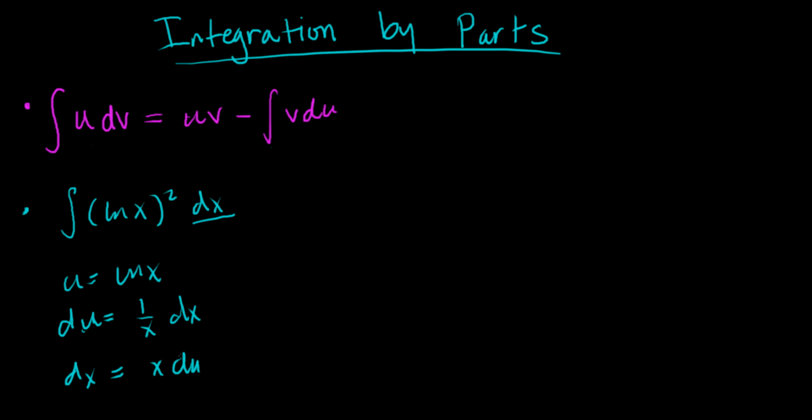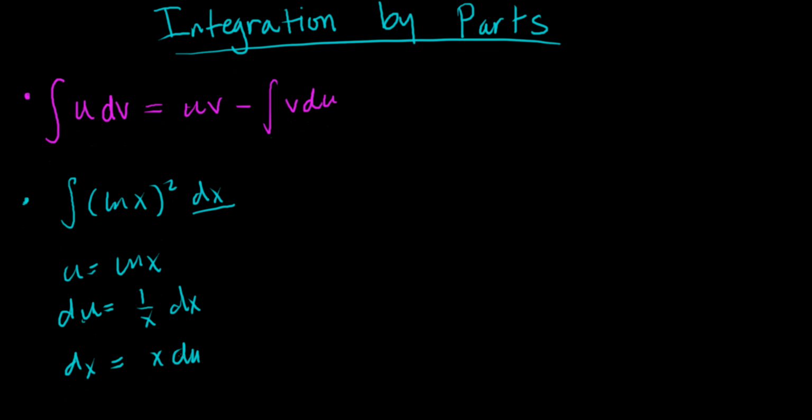And so that is a problem because if you did the whole substitution, you're going to get u squared, right? Because ln of x is u. And then when you put in your du here, you have this x that tags along.